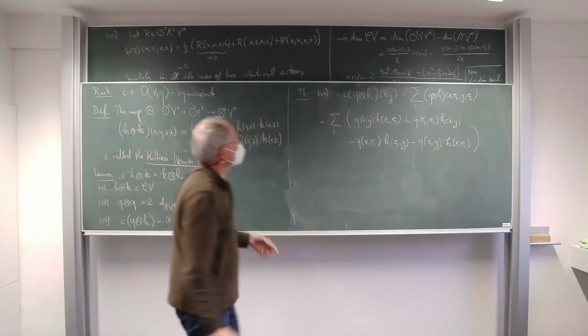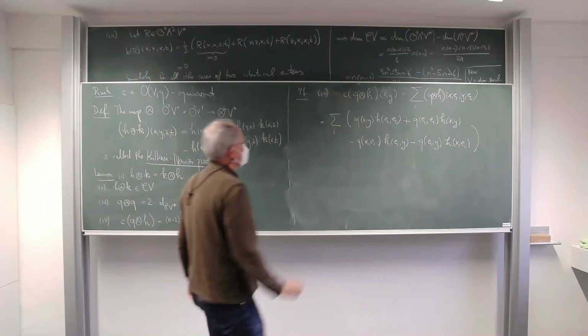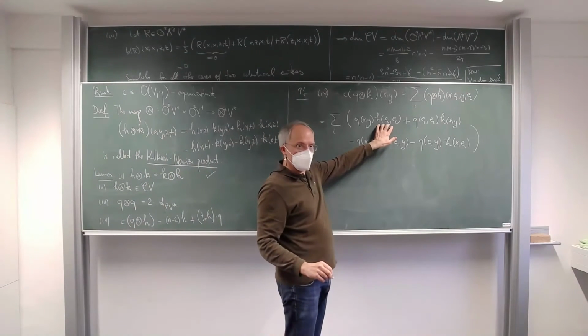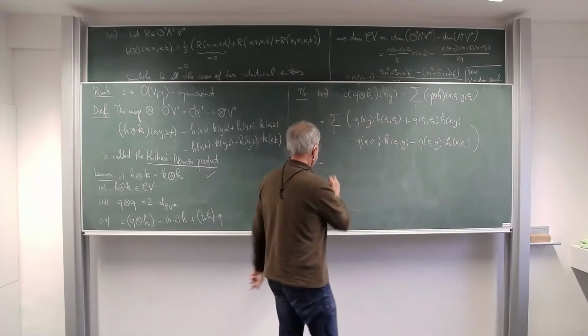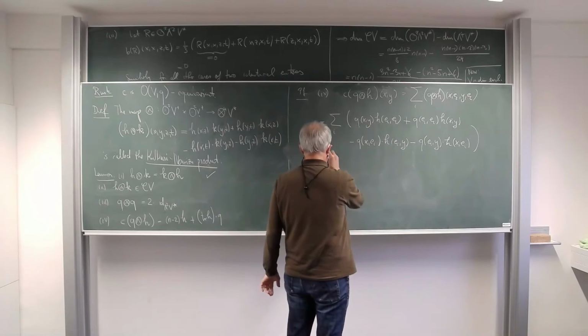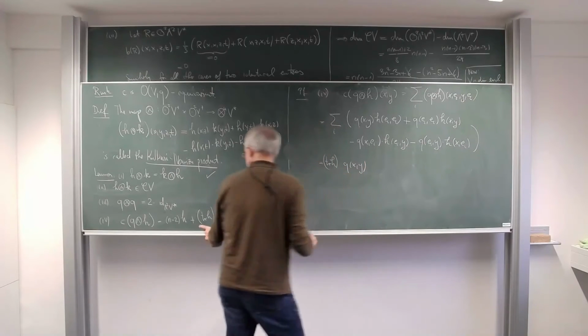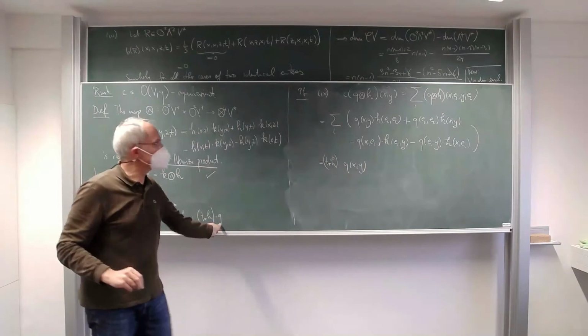Alright. Well, what will this give us? So here this one gives me the trace of h times q, right? So this is the trace of h times q of x y, which is this term that we have here.